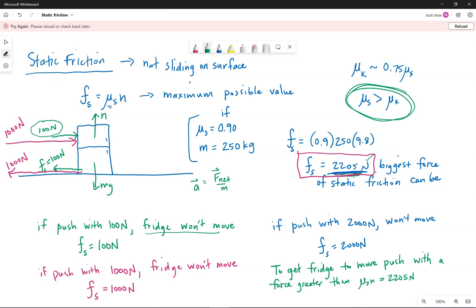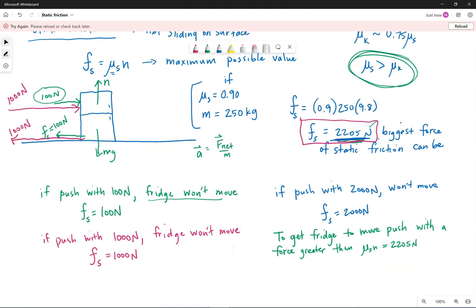So problems with static friction are a little more involved, in that we have to reason through if the object's going to move or not. We have to compare the friction force needed to make it move compared to the friction force needed to make it do whatever it's doing in the problem, which I'll go through a couple examples so that makes more sense.